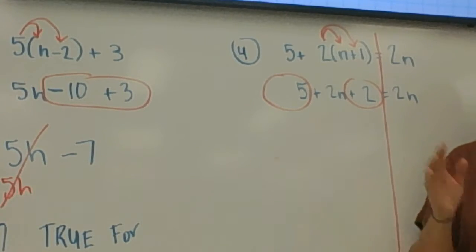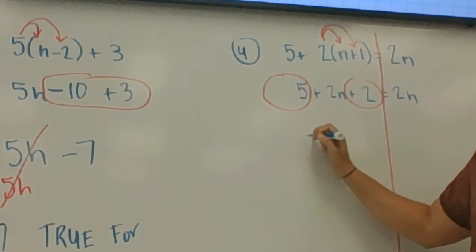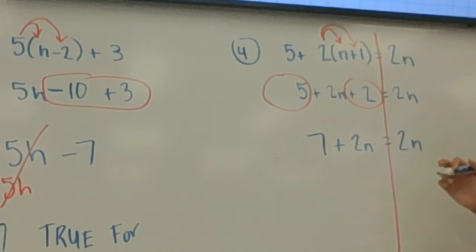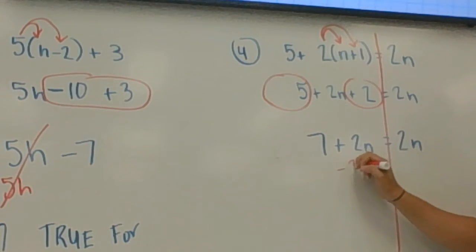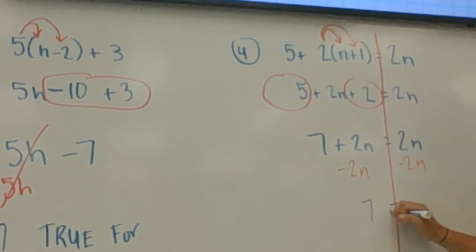We're not going to cancel. We're not going to do opposite. We're just going to do 5 plus 2. So take away the 2n, cancel the 2n. And we get 7 equals 0, which is false.